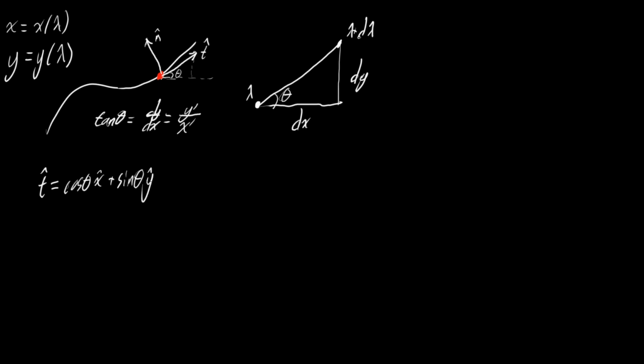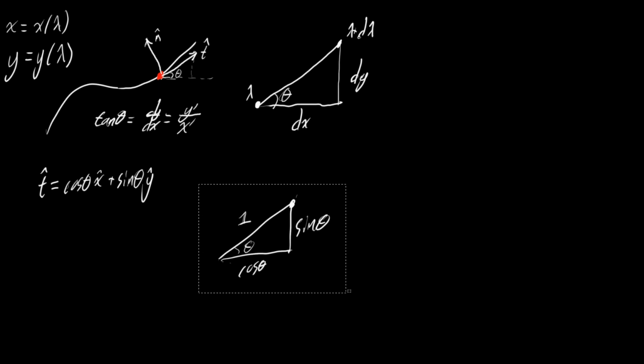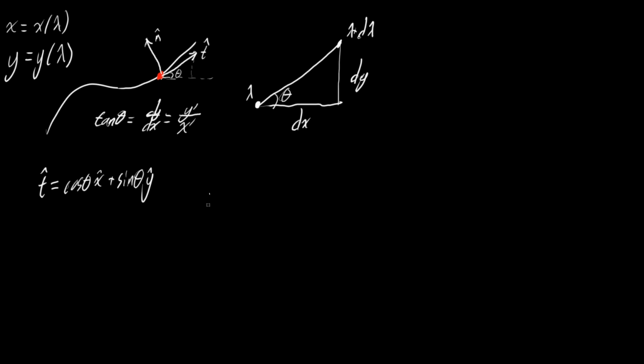If you do not understand this, I'm just deriving this based off of the definitions of cosine and sine of the unit circle, right? Because cosine theta would be the length of the base of this triangle here, and then sine theta would be the height. And so this vector would just have x component cosine theta and y component sine theta, right? That's where I got that.